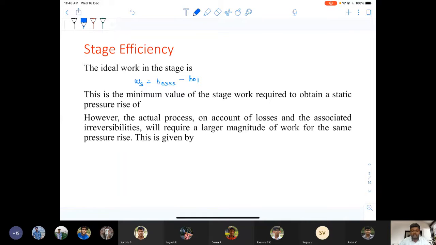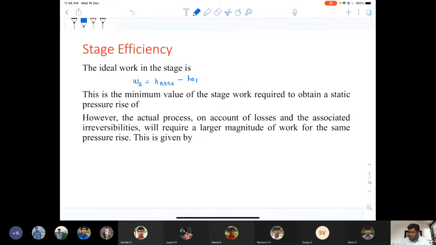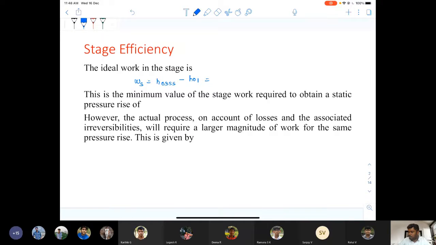We know that the difference in enthalpy is equal to Cp times the temperature difference, and this equation takes the form Cp times (T0 3SS minus T0 1). Therefore, the ideal work in the stage is given as W_s, which is equal to H0 3SS minus H0 1.